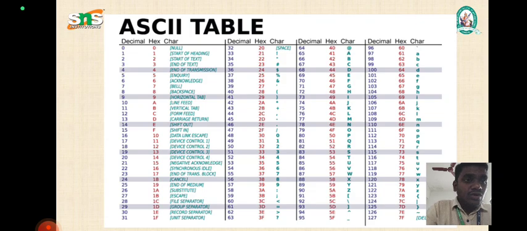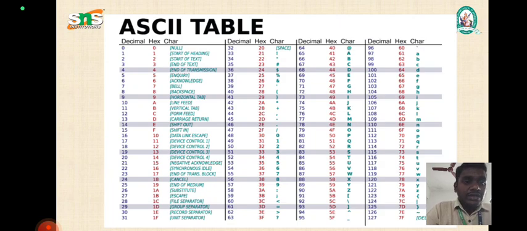From 33 onwards, there are special characters like hash, and symbol, percentage, comma, brackets, addition, subtraction, multiplication, slash and star. Likewise we are using them as ASCII codes.